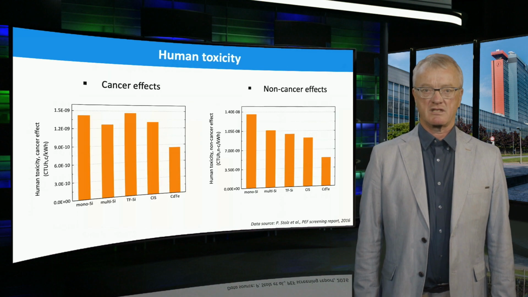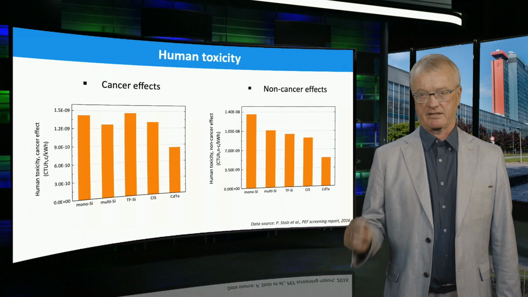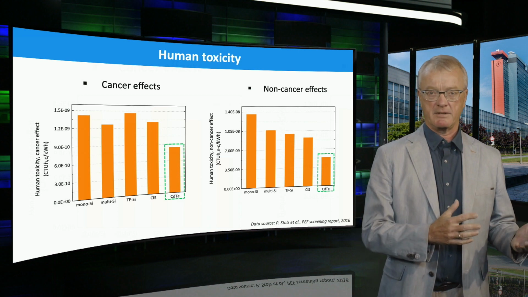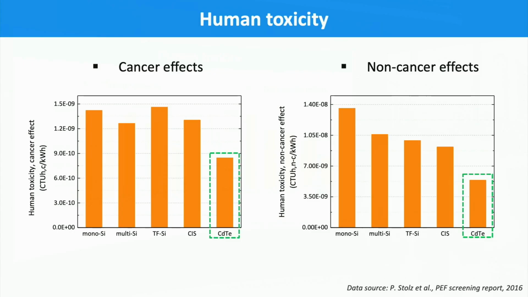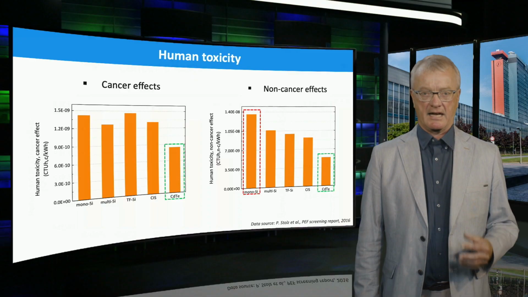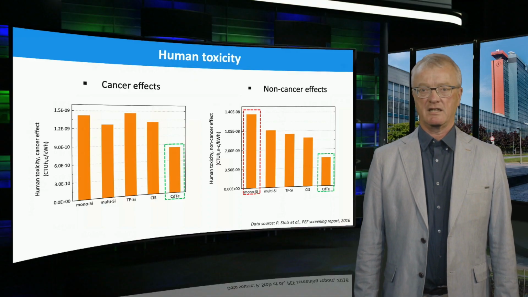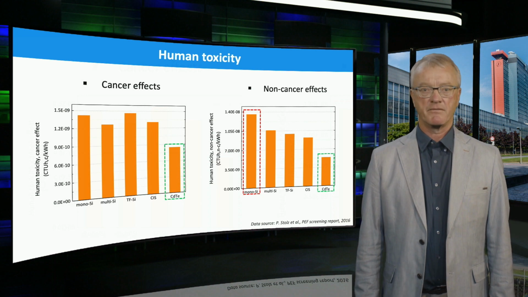The human toxicity includes cancer and non-cancer effects. In both cases, the systems with cadmium telluride PV panels cause the lowest impact among the 5 technologies, although it contains cadmium and tellurium, which are toxic. For the other PV modules in this study, the results are comparable, except that the monocrystalline silicon case shows the highest non-cancer effects in human toxicity.